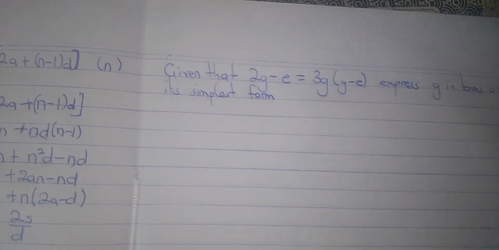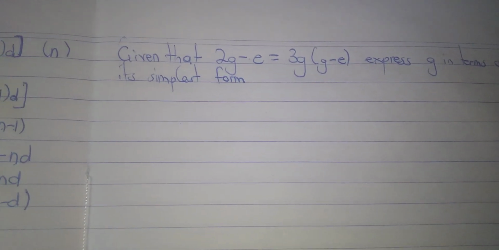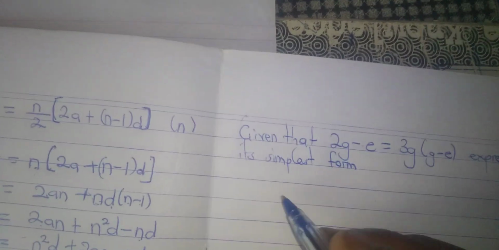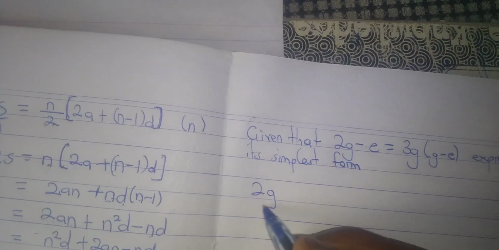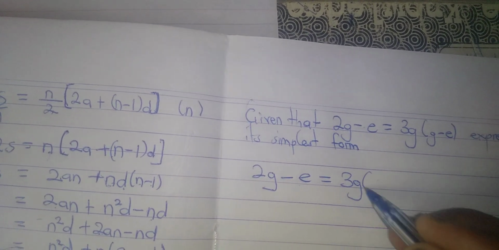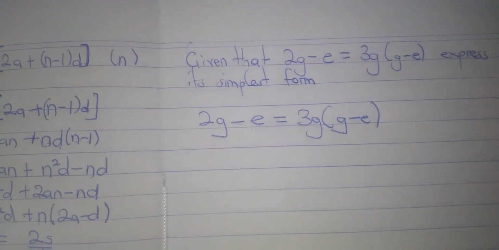So in other words, they are telling us to make the subject of the formula, and what we are making the subject of the formula is the g. So what shall we do? We shall use the same method, procedure. Just come and tell us that our 2g minus e equals 3g into g minus e, which is okay.